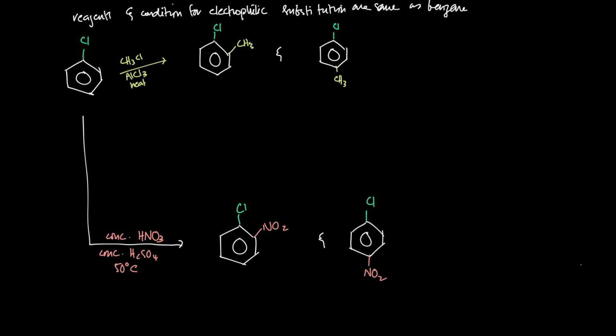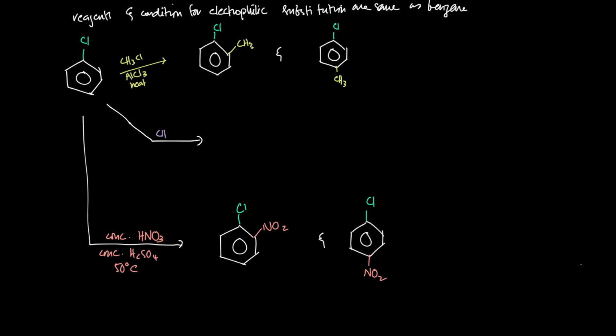Considering that chlorobenzene is a deactivating group, how would the rates of these reactions compare with benzene in the same conditions? Again, same thing for acylation as well. We can add an acyl chloride over here.